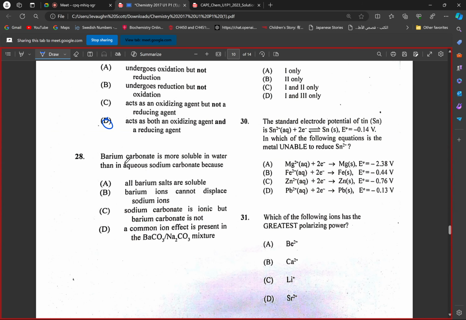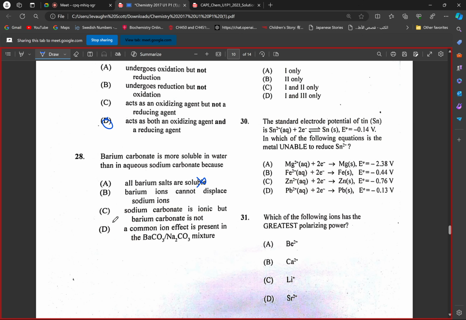Yes. Barium chloride is more soluble in water than in aqueous sodium carbonate, and that is because of D. Alright, the common ion effect.